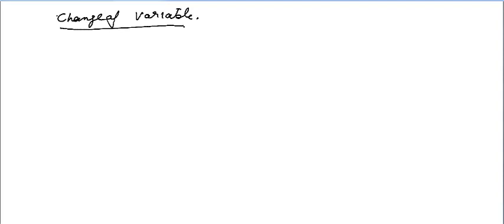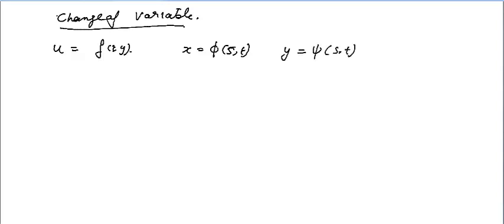I have taken u is equal to f(x,y), so u is a function of x and y, and if x is further depending upon s and t, and y is also depending upon other functions of s and t. Now if you want to find out the derivative of u with respect to s, then it will not be total derivative. That is the number one thing.